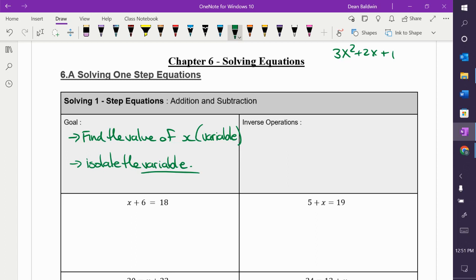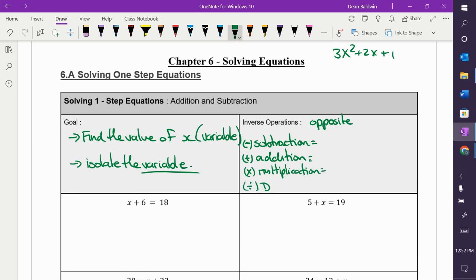Okay, so in algebra, they talk about inverse operations. All an inverse means, in this case, is the opposite. So 4 basic operations: addition, subtraction, multiplication, and division.